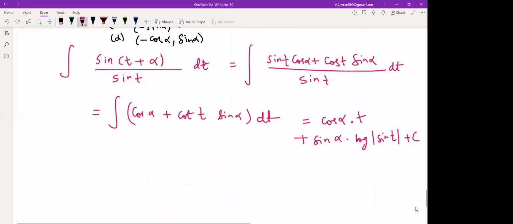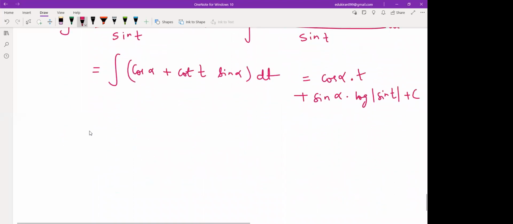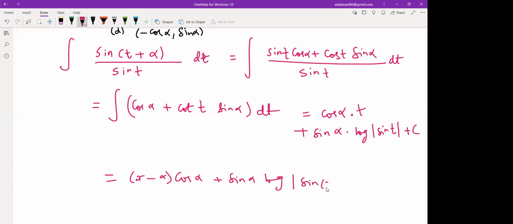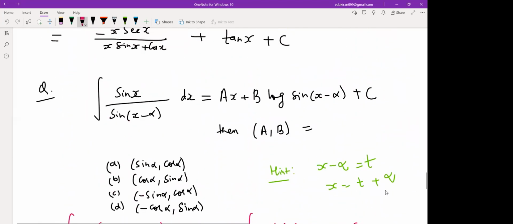Now t is x minus alpha. So we write this one as x minus alpha cos alpha plus sine alpha log of mod of sine x minus alpha plus c. Now what they were saying is it is ax.